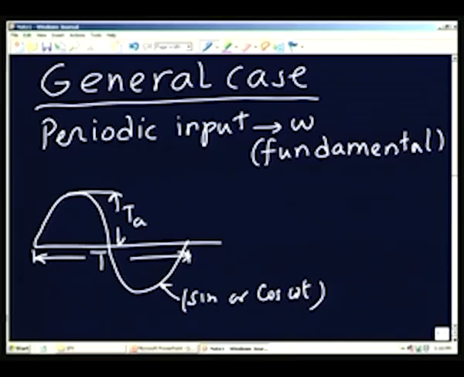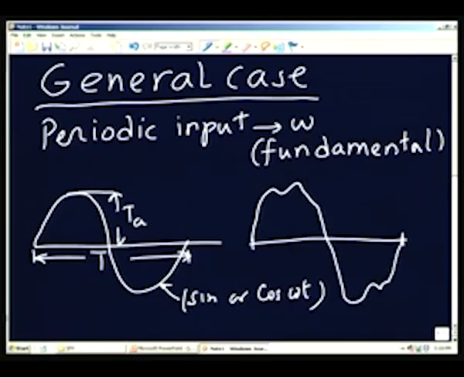Okay. Suppose instead of this, let us say I have a slightly different wave, something like this. This is again T. This has many more small wiggles here. That means this is a composite wave.